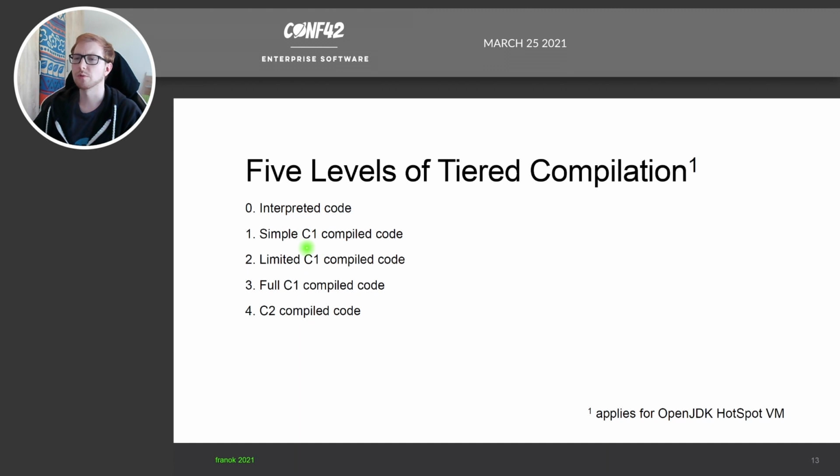It's the C1 compiler, also called client compiler, and produce some simple C1 compiled code. So we talk about level 1 to 3 compilations, which are all done by this C1 compiler. After about 10,000 invocations, code will eventually become marked as hot, and then it will become subject to level 4 compilations, which is then done by the C2 compiler. This is called the server compiler, and it will do some much better optimization with your Java bytecode.